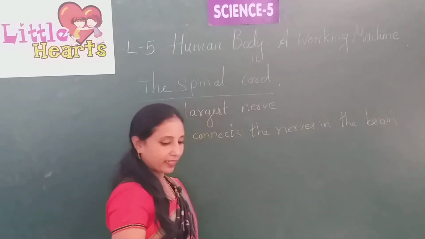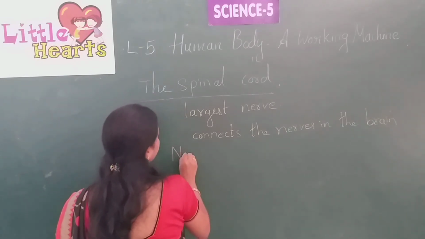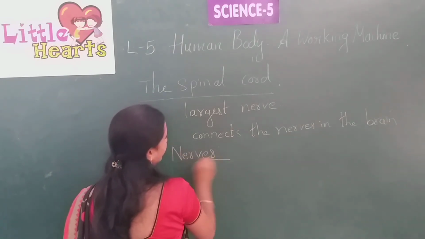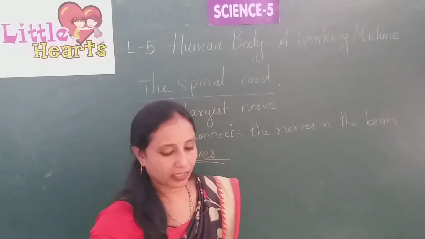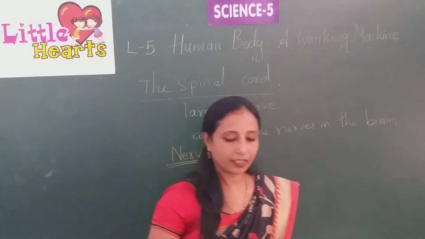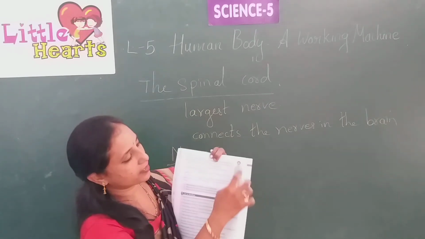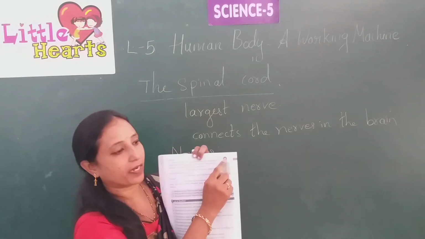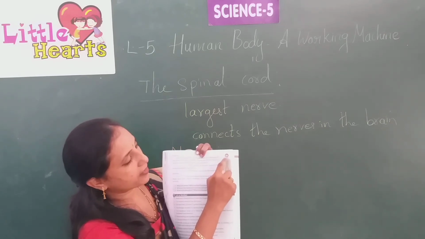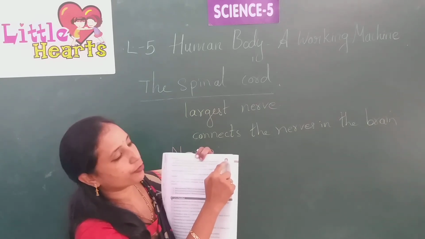And the last one is the nerves. Yes. Nerves are thread-like structures. You can see the picture which is given in the textbook. This is the nervous system. This red color is the brain, and all these blue lines, this is the main spinal cord which connects to the brain.